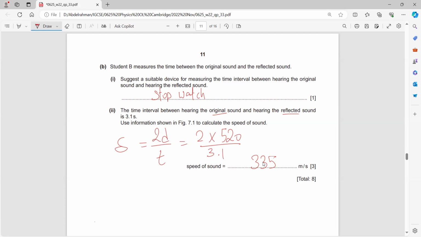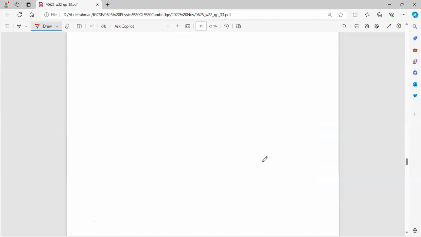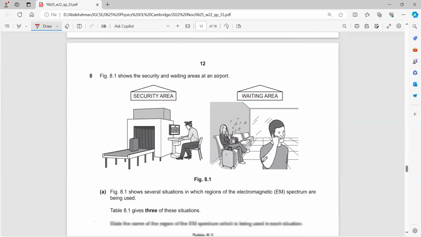But if you calculate the speed of sound in air and it was 800 meters per second, لا, that's wrong. If it was 50 meters per second, لا, that's wrong برضو. We need to find logical answers for our speed. Okay.